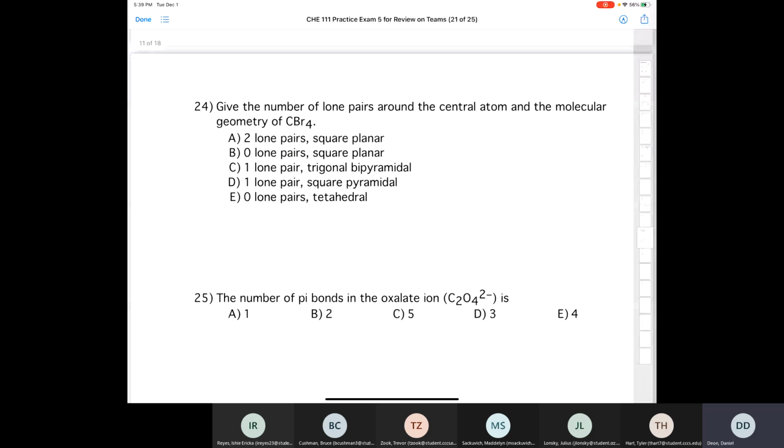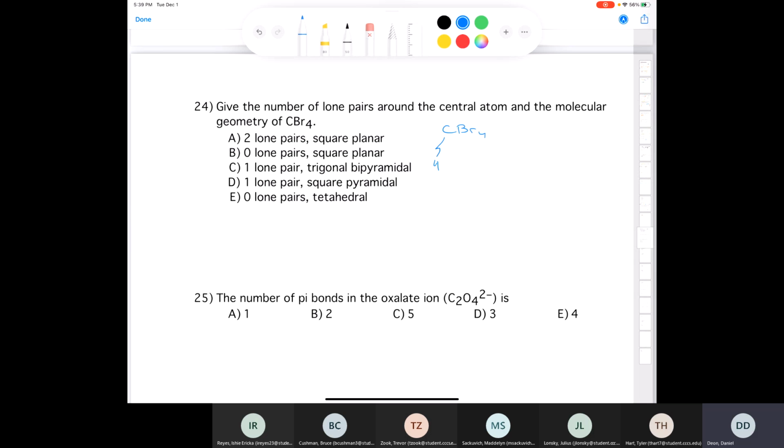Number 24. Give the number of lone pairs around the central atom and the molecular geometry of CBr4, carbon tetrabromide. If we tally up the total number of electrons in CBr4, we have 4 from carbon, and bromine is in group 7, times 4. That gives me 28 plus 4, so 32 total electrons.